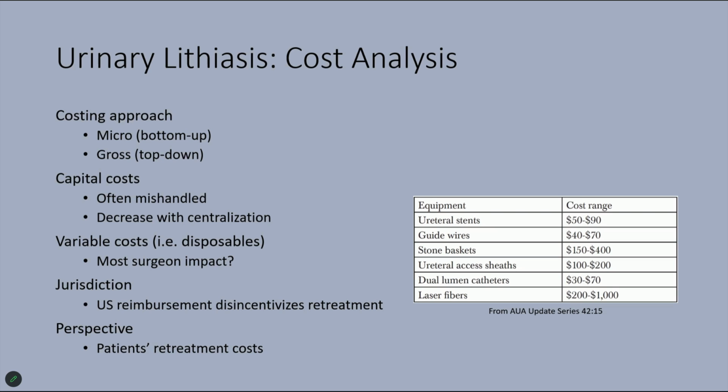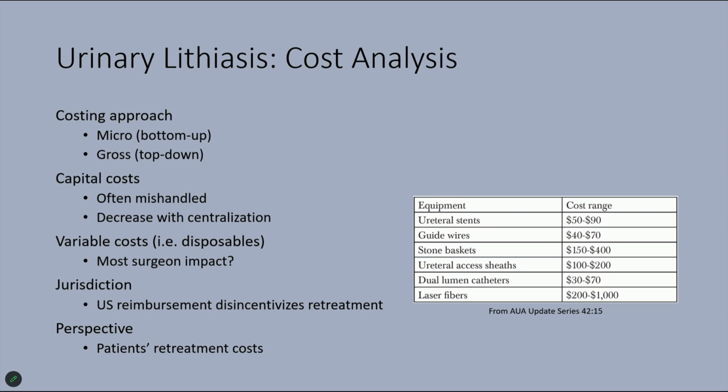Large upfront costs for big ticket items such as lithotripters or lasers are often mishandled in economic evaluations, and care needs to be taken to identify how they're being amortized and how the per case costs are being calculated. In general, centralization improves cost effectiveness when it comes to significant capital costs. In this case, a single large regional lithotripter, which is constantly being used, which is more likely the case in the UK, will be more cost effective than one of those small portable lithotripters.